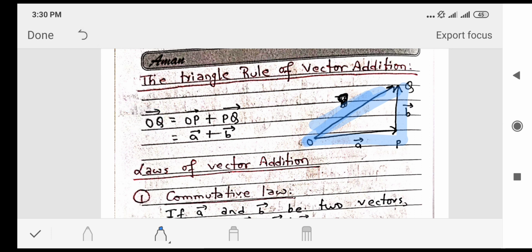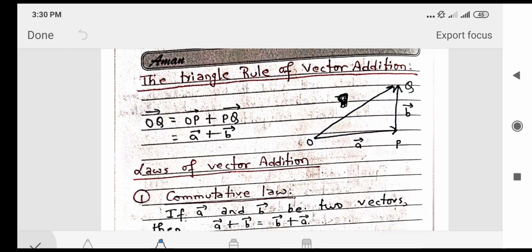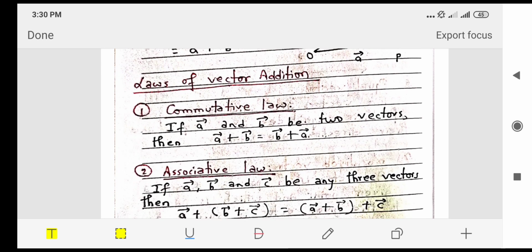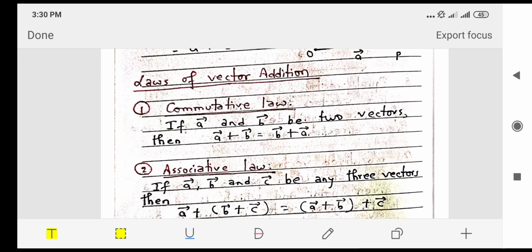So my dear friends, please make a very clear note and a clear concept about the chapter vector of grade 12.